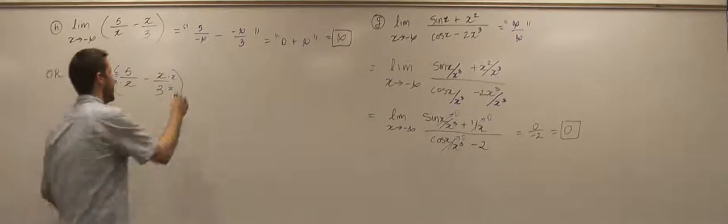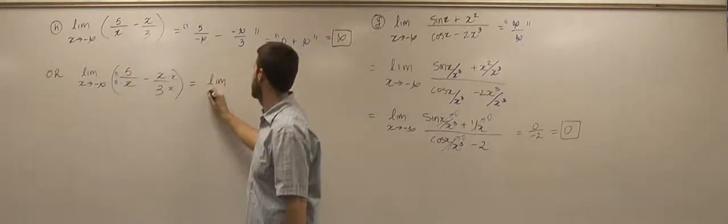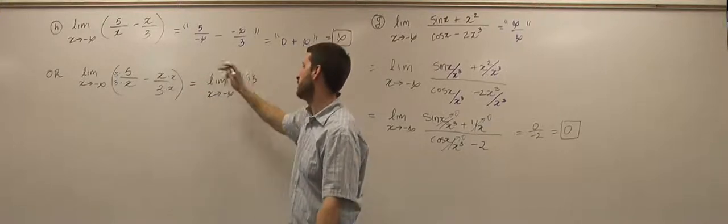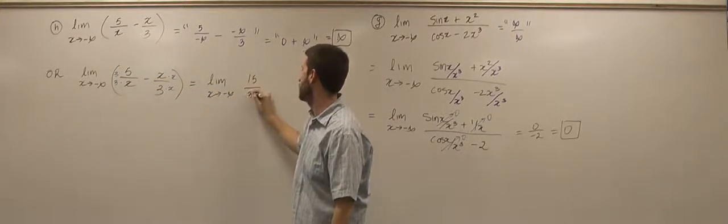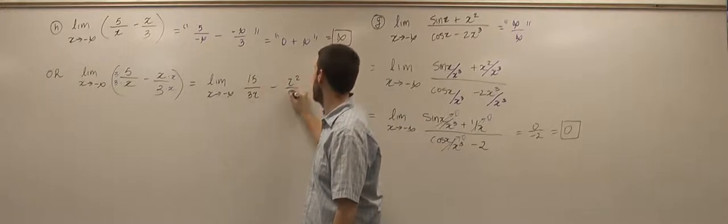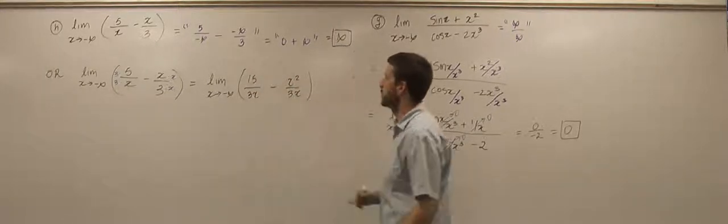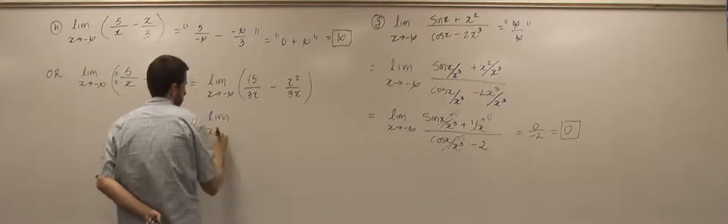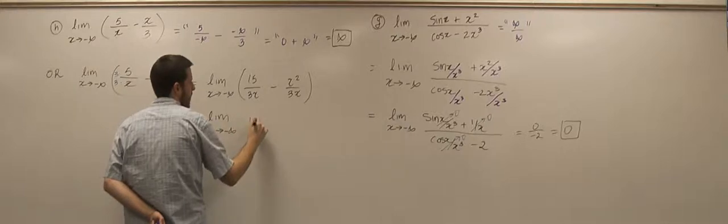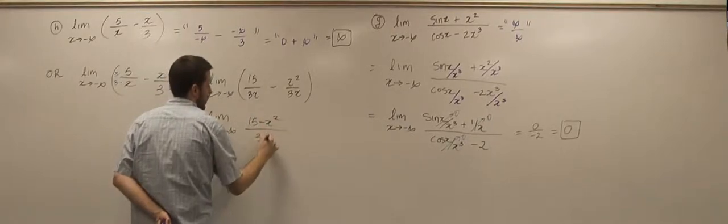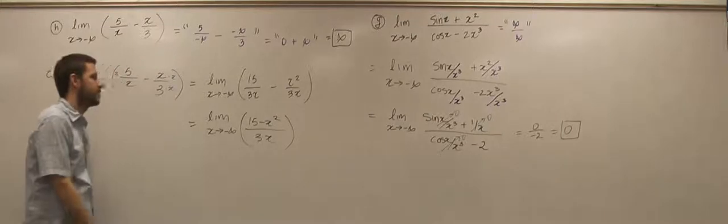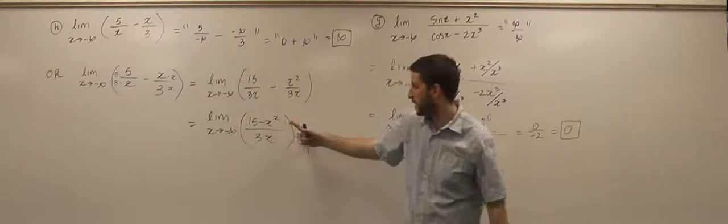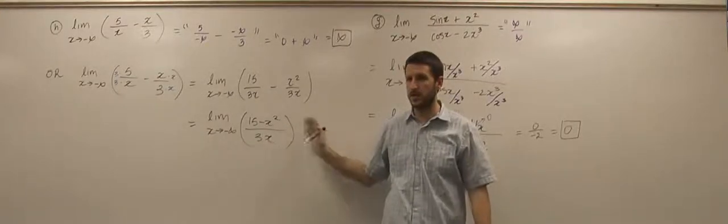So this becomes the limit as x goes to negative infinity of 15 over 3x minus x squared over 3x. So when you combine everything, 15 minus x squared over 3x. And now this is infinity over infinity, so you can do your divide by the highest power.